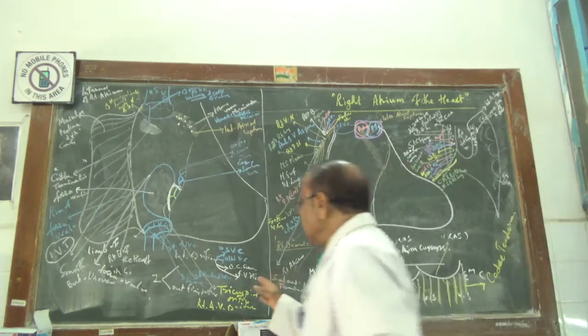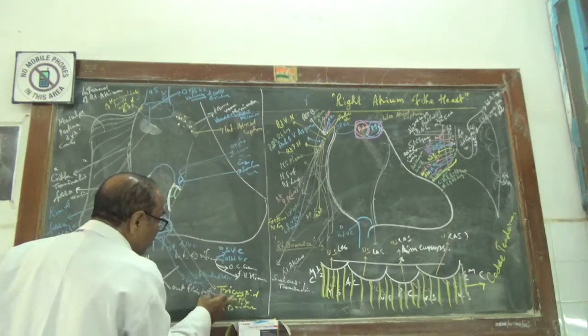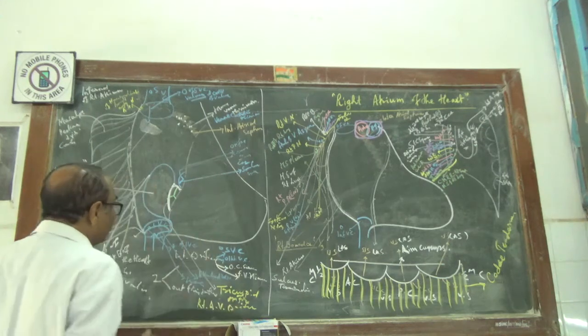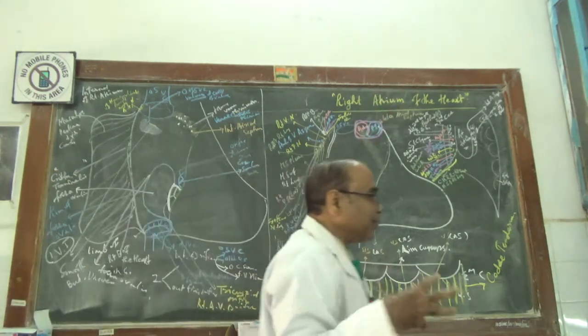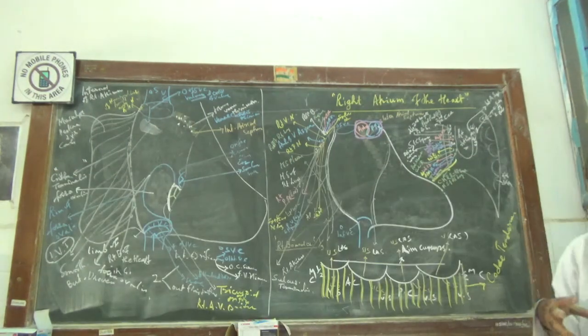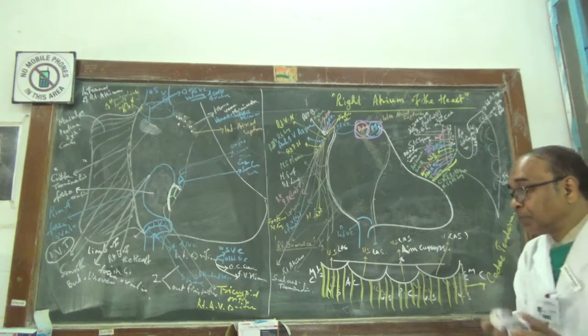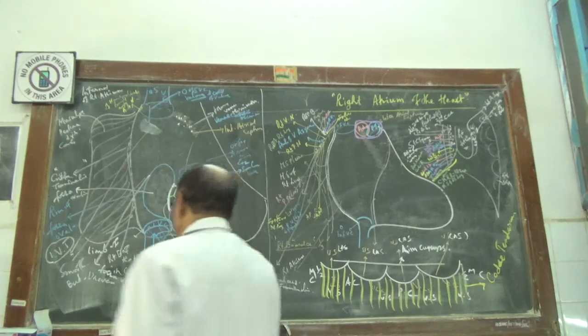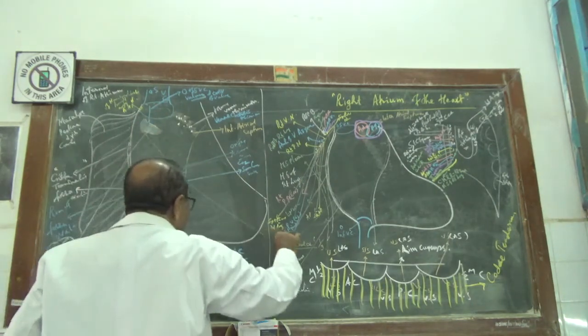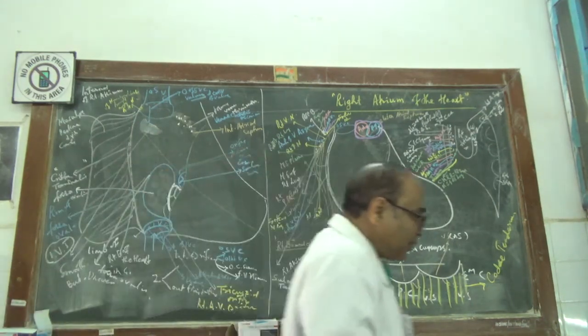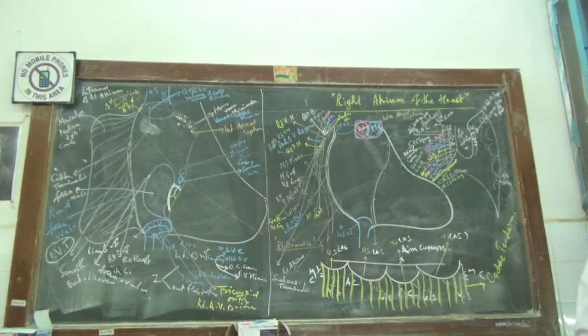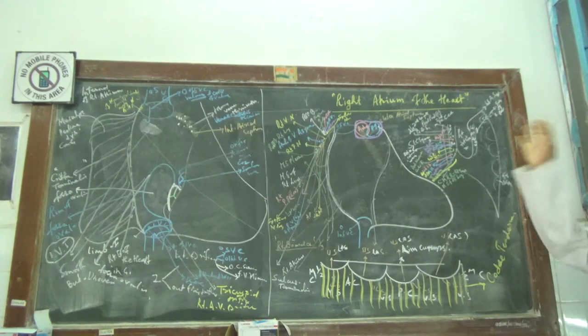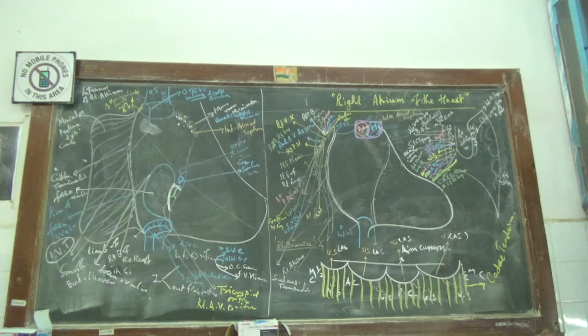Now the tricuspid orifice or right atrioventricular orifice is directing downwards, forwards towards the left, because of the obliquity of the position of the heart. So this is the direction of that.